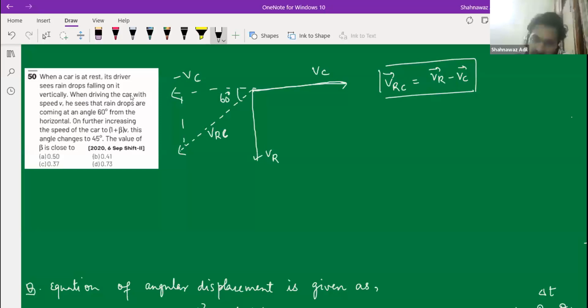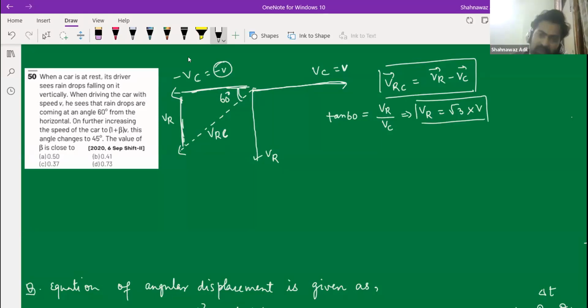We have this angle, so tan 60 would be how much? The velocity of the rain is perpendicular, and this is the velocity of the car. So tan 60 would be VR by velocity of car, so we can find out the velocity of the rain. This is root 3, and Vc is v. So the velocity of the rain is root 3 v. Right, this is case first.